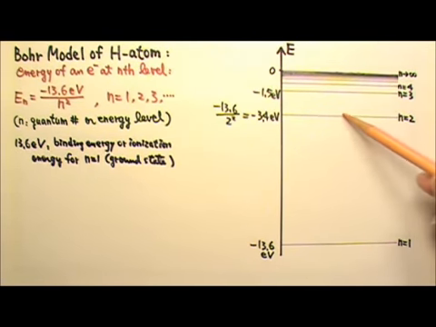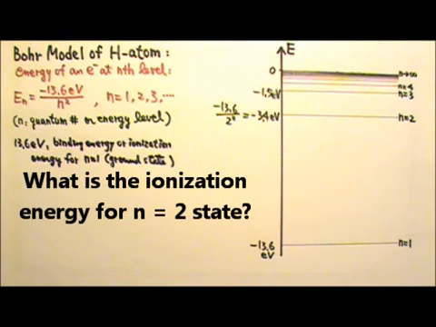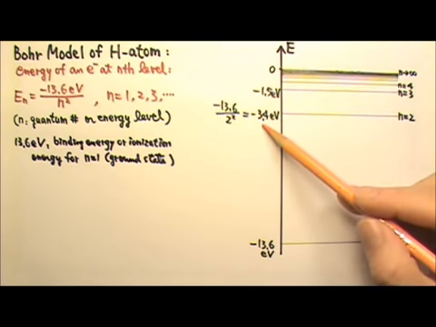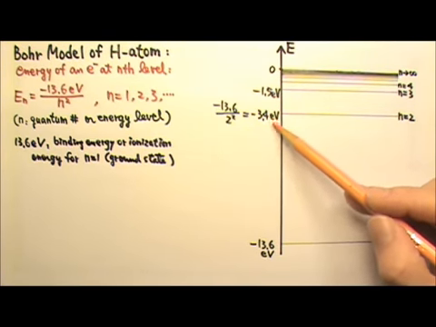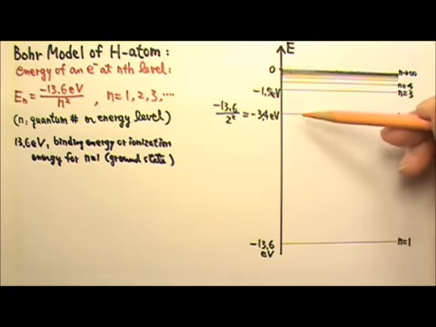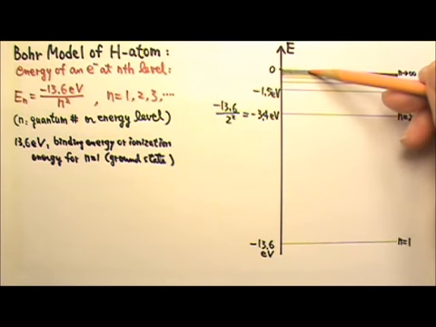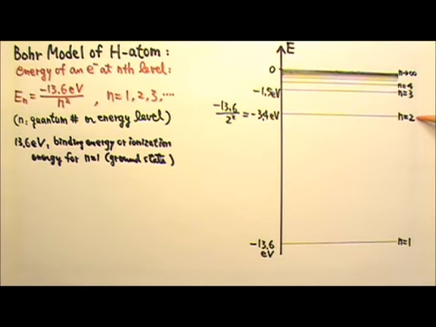What do you think is the ionization energy if the electron is at the n equals 2 state? That will be 3.4 eV, because that's how much we need to move the electron from negative 3.4 eV to 0, to move from n equals 2 to n approaching infinity.